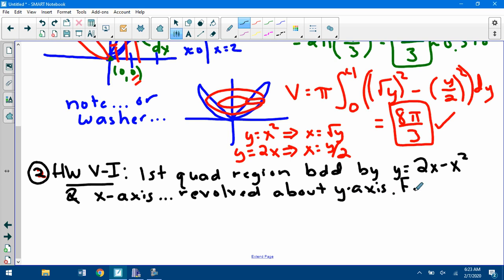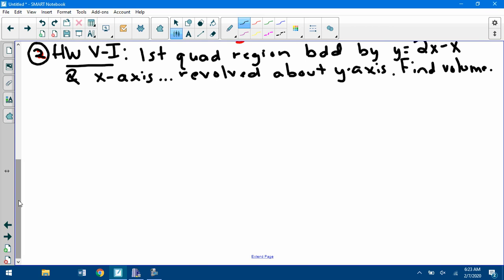Find the volume. Okay, so again, this is literally the exact question that I talked about yesterday where we had to complete the square. It's from that worksheet 6-1, problem set 84, I think.